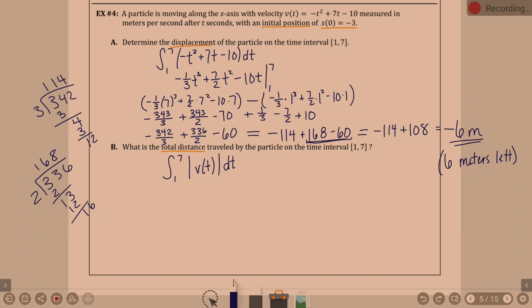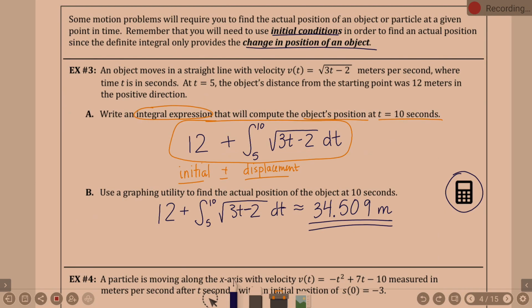Wouldn't it just be 114 but positive? No. Here's the deal. Let me backtrack to yesterday.